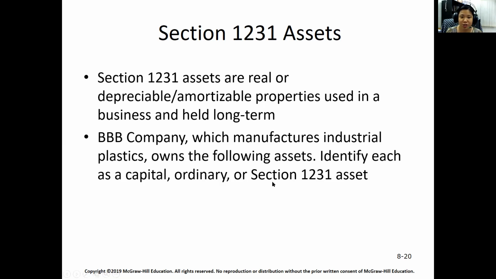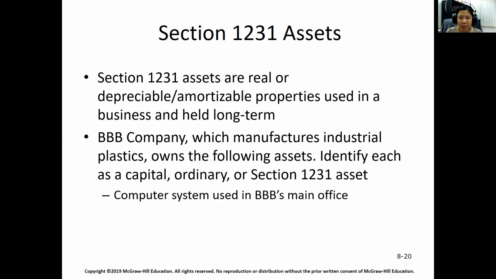BBB company, which manufactures industrial plastics, owns the following assets. Identify each as a capital, ordinary, or section 1231 asset. So we need to identify each item below: which one is a capital asset, which one is an ordinary asset, or which one is a section 1231 asset.